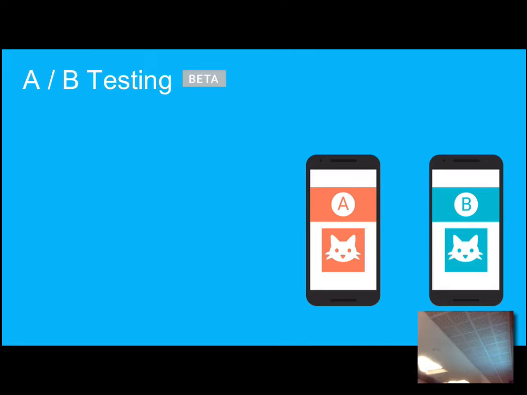What A/B testing is, you define a success criteria, then you give this experience to part A users, you give that experience to part B users, and you see which part is actually meeting the success criteria. Based on that, you can take some decisions. And Firebase provides A/B testing support right in the Firebase console. This was not there earlier. This was recently introduced.